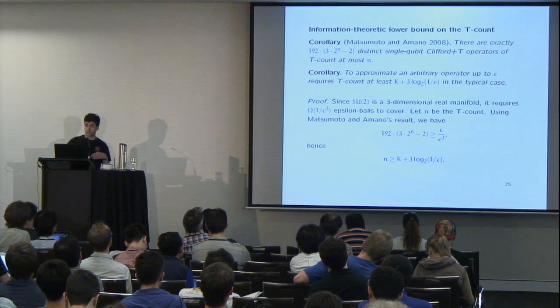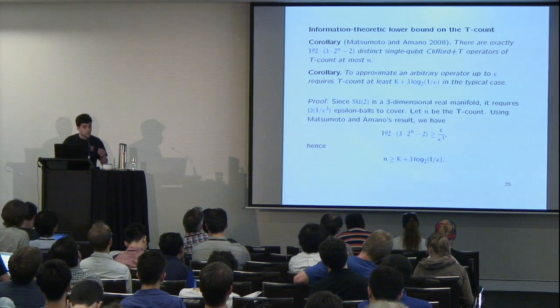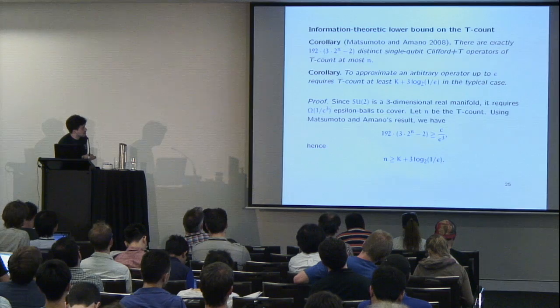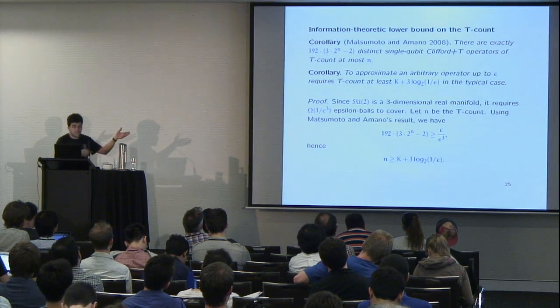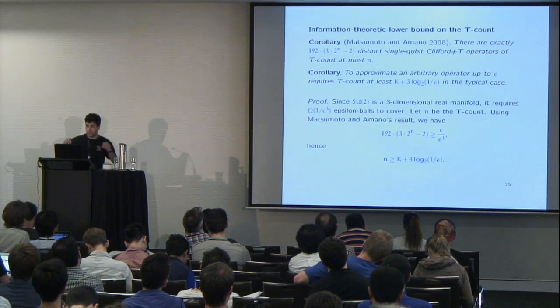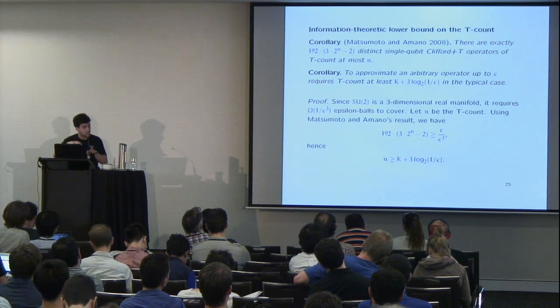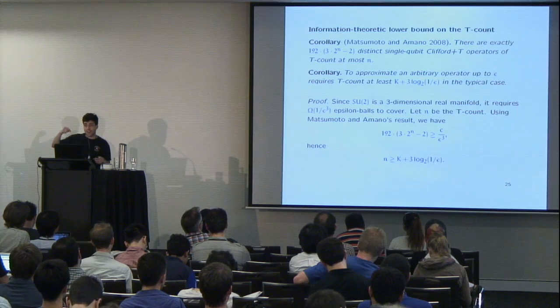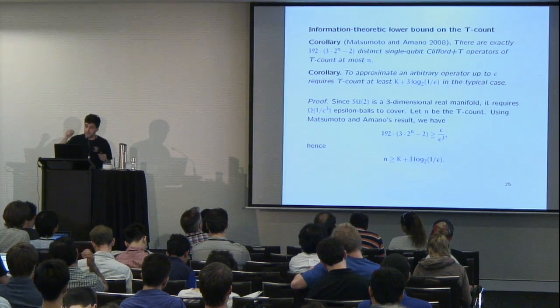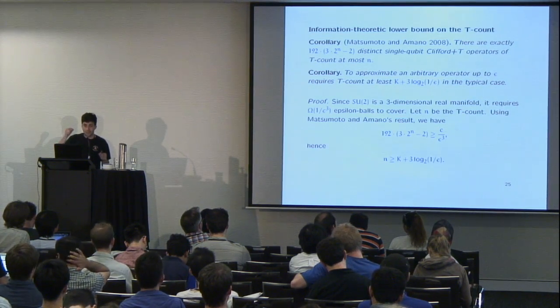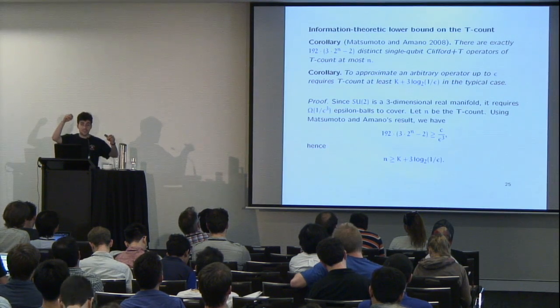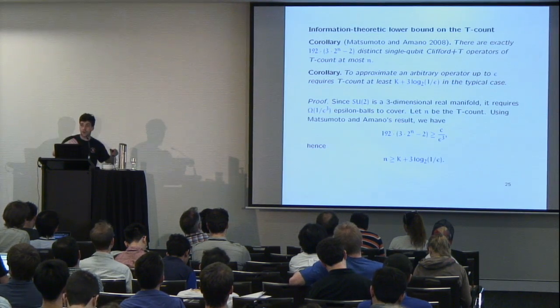And then you can use this result to get the lower bound by just noticing that you need roughly 1 over epsilon cubed balls of radius epsilon to cover SU2. And to make sure that every operator can be approximated using Clifford and T gates, you need one such operator in each of the balls.